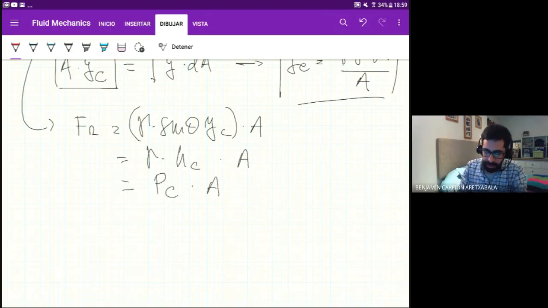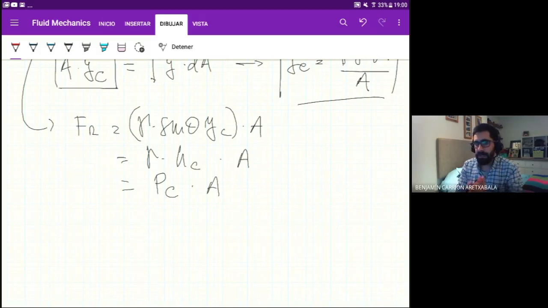I could just tell you, okay, the total force is the pressure at the centroid times area. But if I don't show you why that is the case, then it's really easy for you to get confused. Yes, we will see this in the recitation. This is very important. This is key to fluid statics. So we will see an example of this.